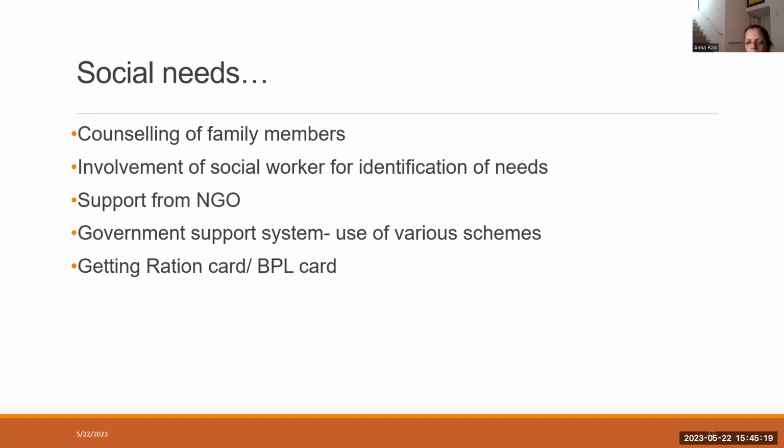So as nurses, we are like liaison between so many things, right? On one side, patient and caretakers are there. On the other side, there may be government schemes, doctors, or NGOs. So we need to equip ourselves with more knowledge so that we can help patients and relatives.